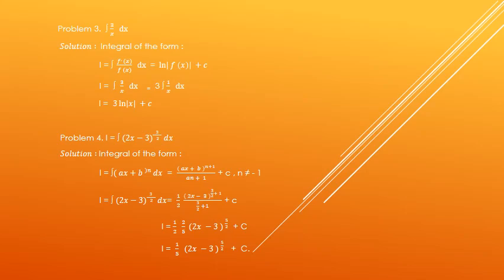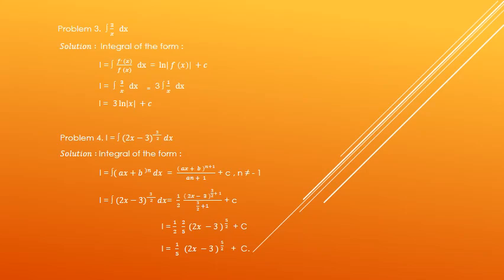So here you can see that in the question some coefficient is multiplied with variable x, and that is why we use this form. So here we use this form to take the integration of this function.